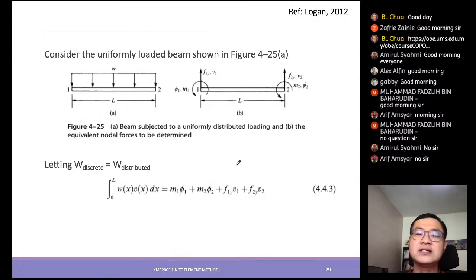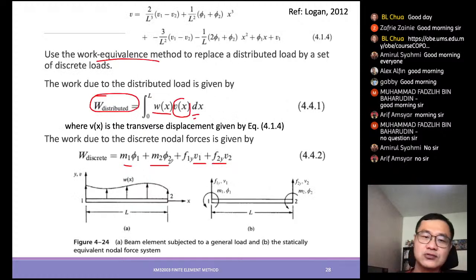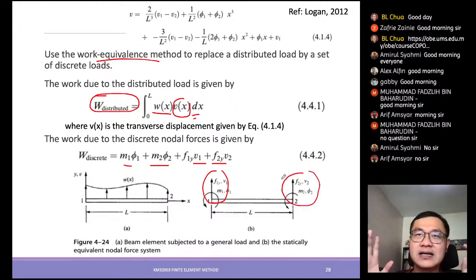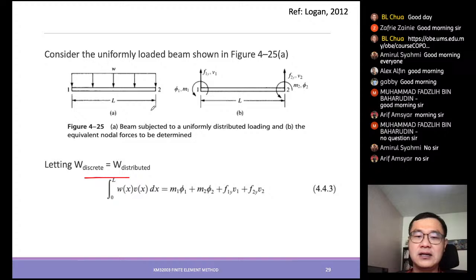So if we consider the uniform load on the beam, you can see it is given in this way. Therefore the discrete part should be equal to the distributed part. Discrete part means you just take these 2 parts only, like elements, and that equals the parameter distributed along the bar itself.